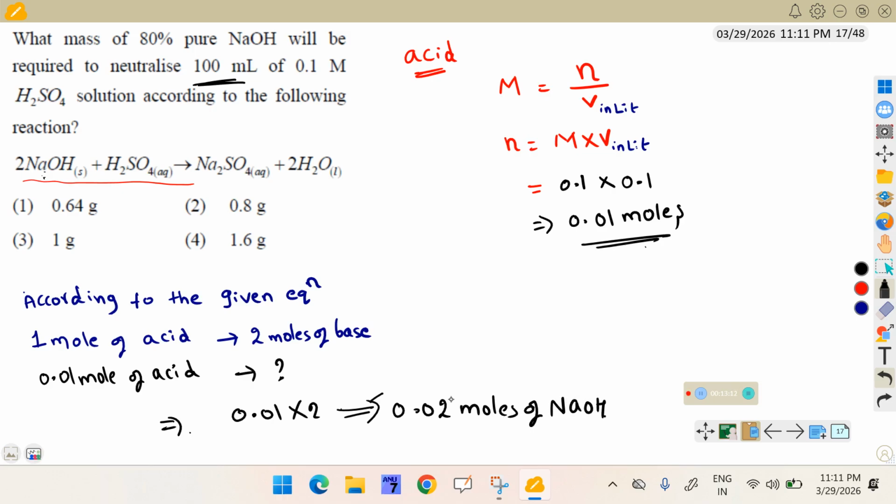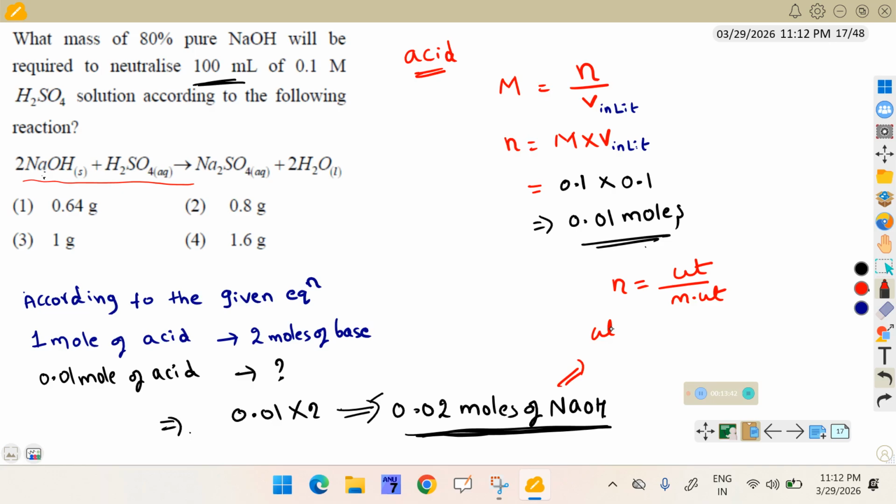Now what is the question? Question is calculate the mass of 80% pure NaOH. We know that NaOH number of moles we know. Then we know that number of moles is equals to weight by molecular weight.